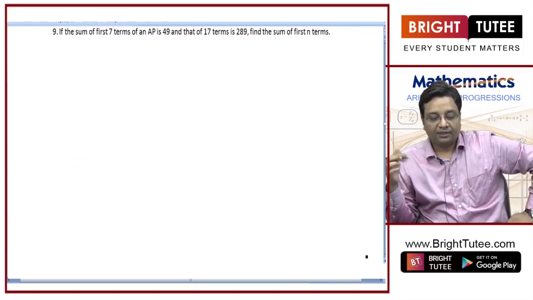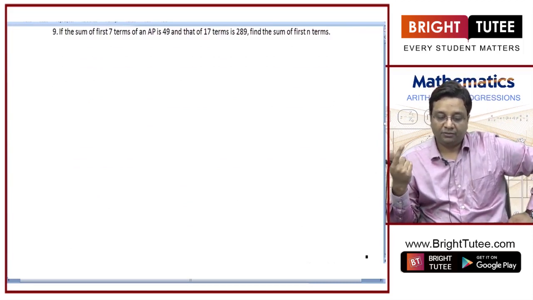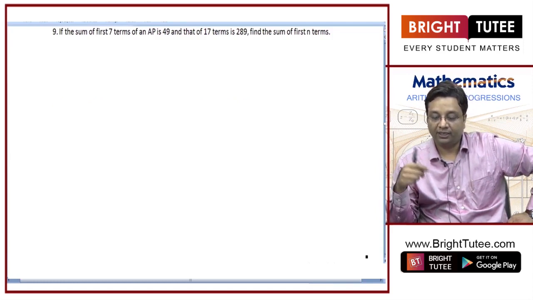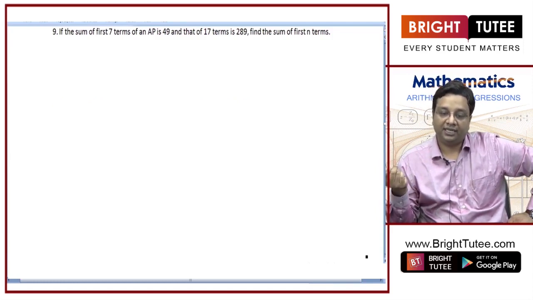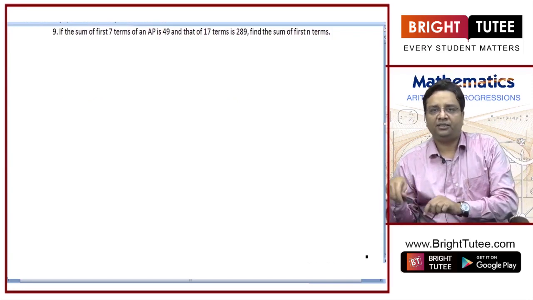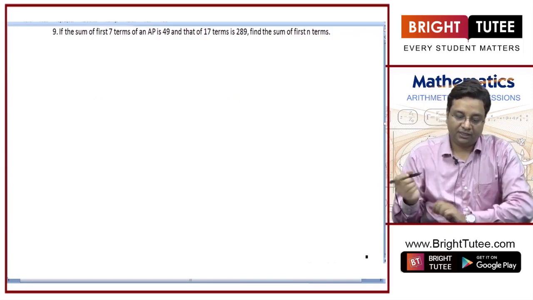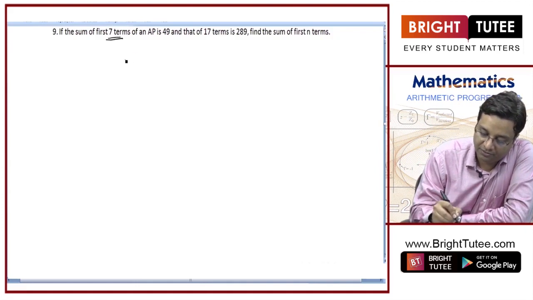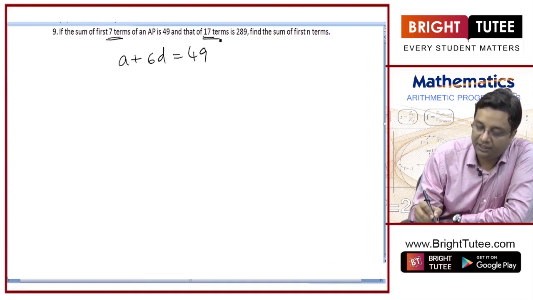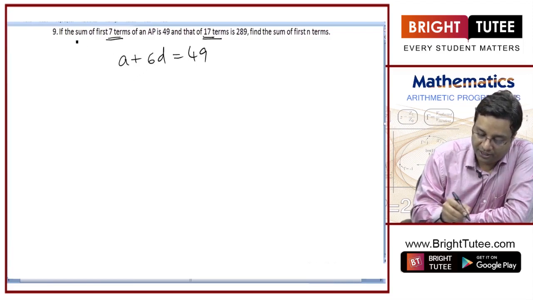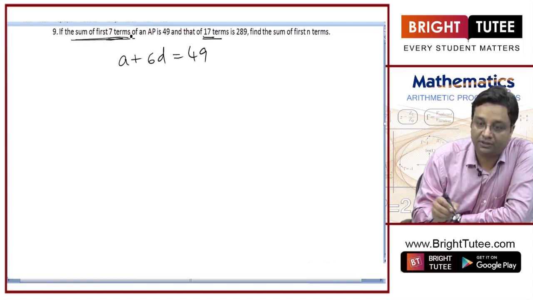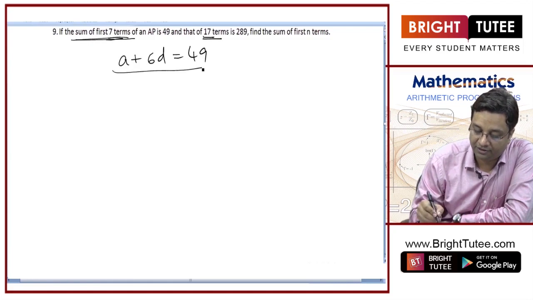Okay. If the sum of first 7 terms of an AP is 49 and that of 17 terms is 289, find the sum of first n terms. This question is pretty similar to the last one. Okay, this is the sum of first 7 terms, not the 7th term.